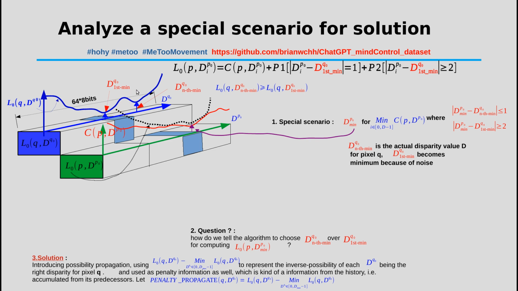This is probably information for all your pixels, all your depth disparity candidates, their probability. Okay.